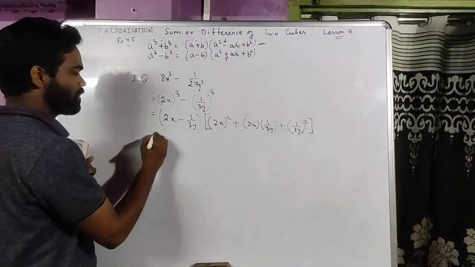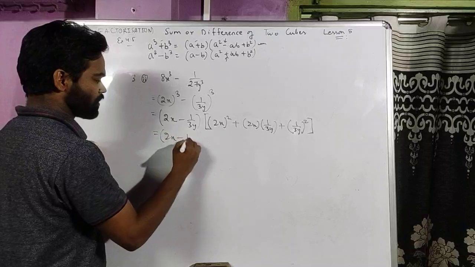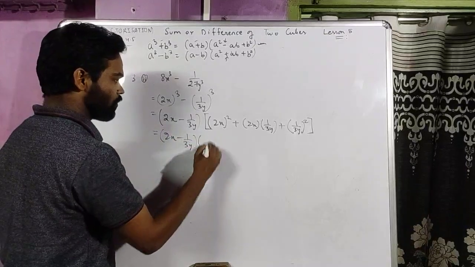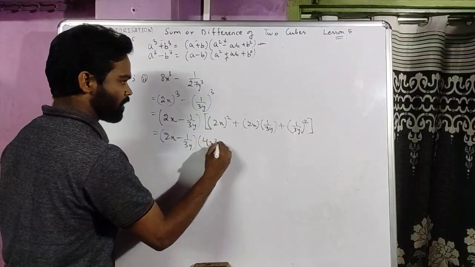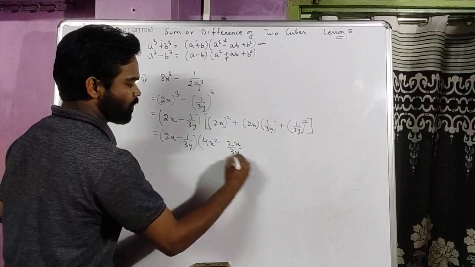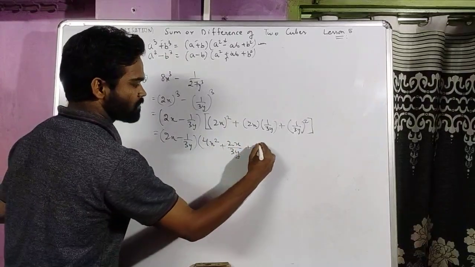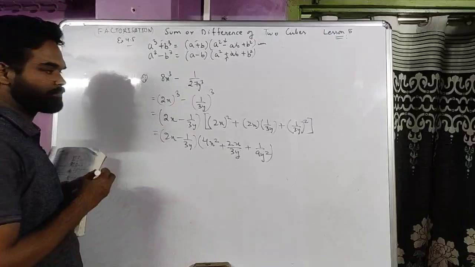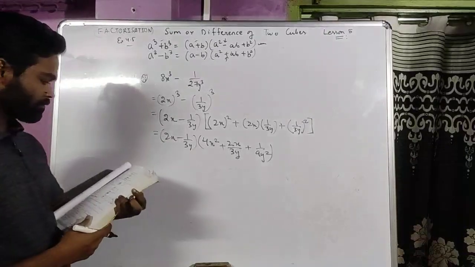Look carefully. So this is 2x minus 1 by 3y as it is, and when you open the bracket, this becomes 4x square plus 2x by 3y plus 1 by 9y square. Hence factorized. Am I clear?